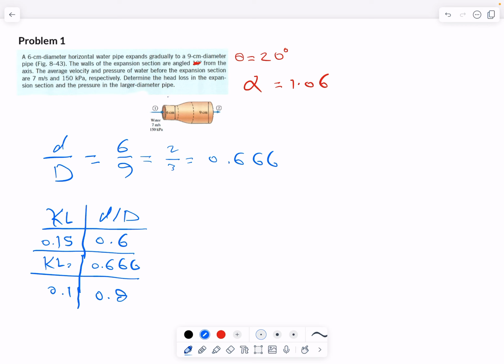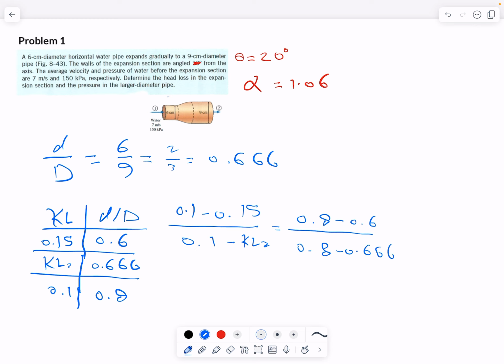So we would do 0.1 minus 0.15 divided by 0.1 minus KL2 equal to 0.8 minus 0.6 divided by 0.8 minus 0.666.